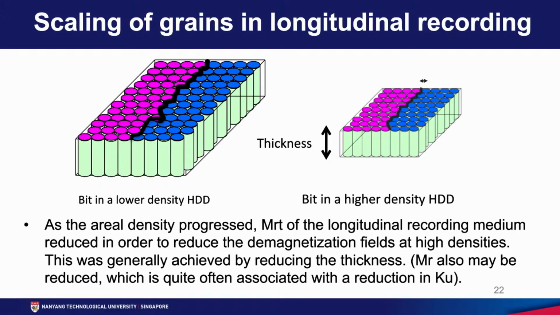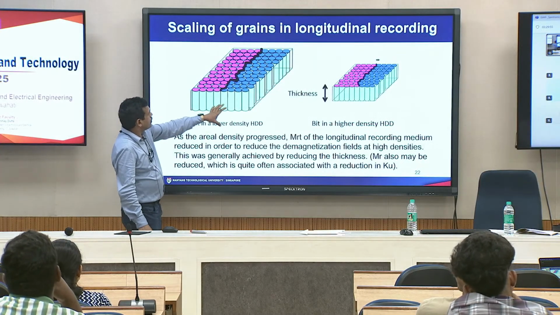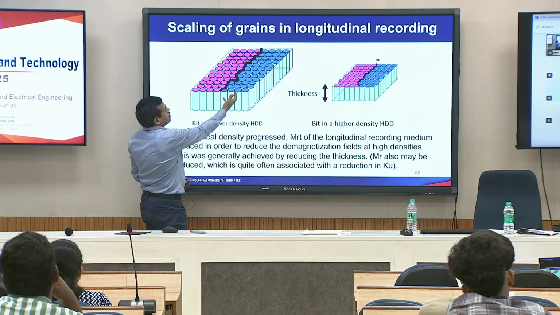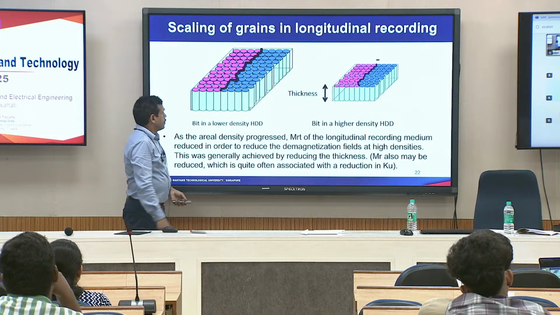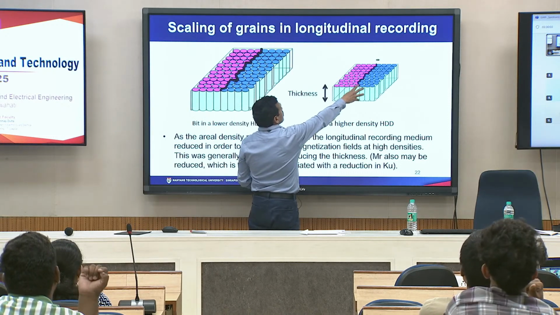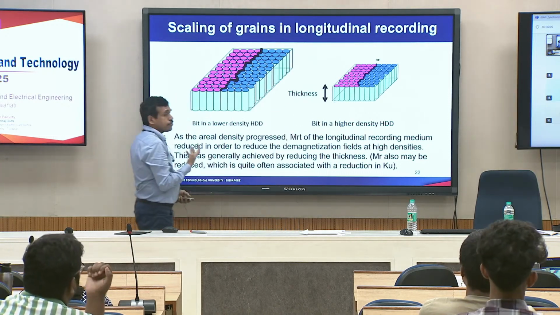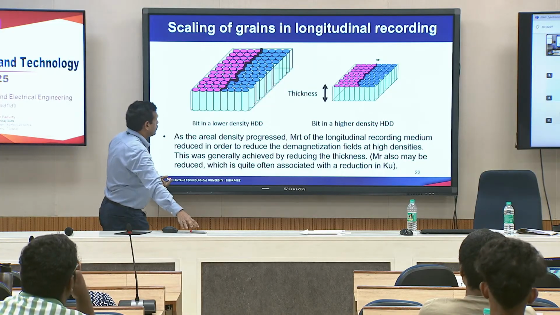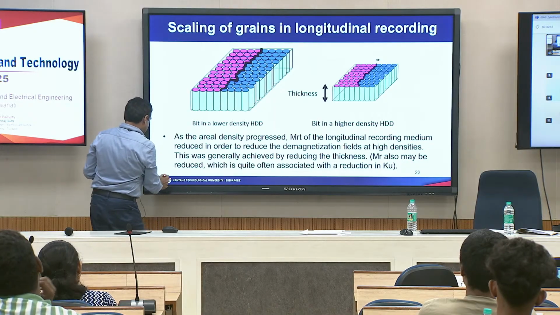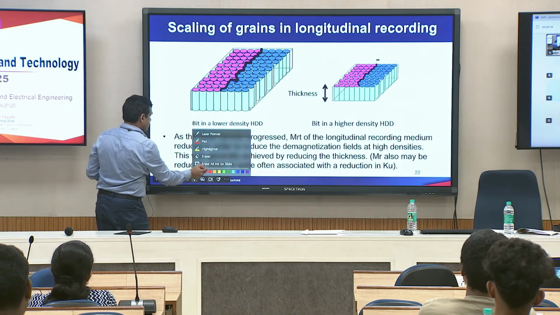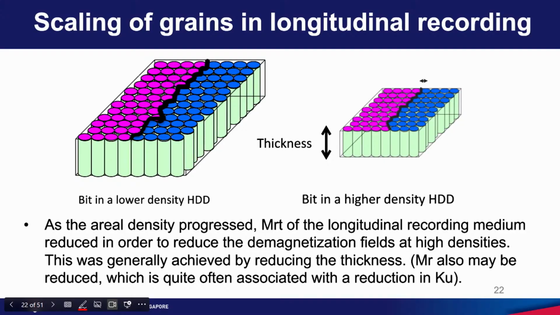We have been shrinking the diameter of the grains and we have been reducing the thickness of the grains. So, you can notice that in low density hard disk drives, these grains which store the magnetization have a larger volume, and here the grains have a smaller volume. We learnt that the energy barrier that keeps the information stable is proportional to KUV.